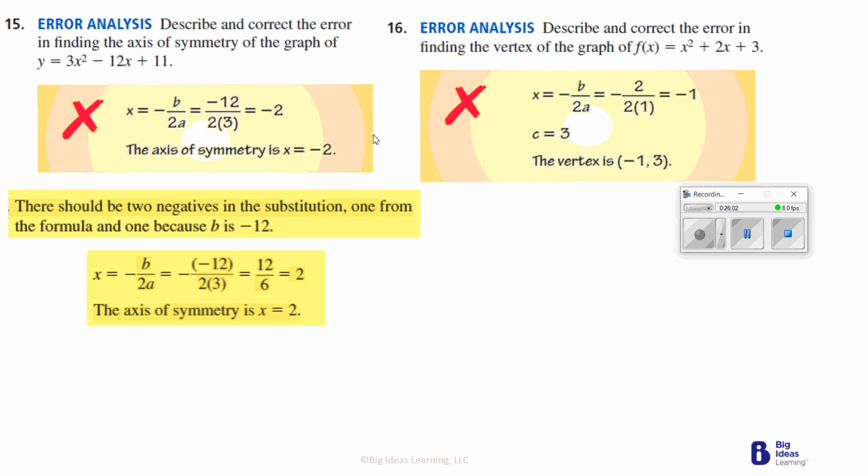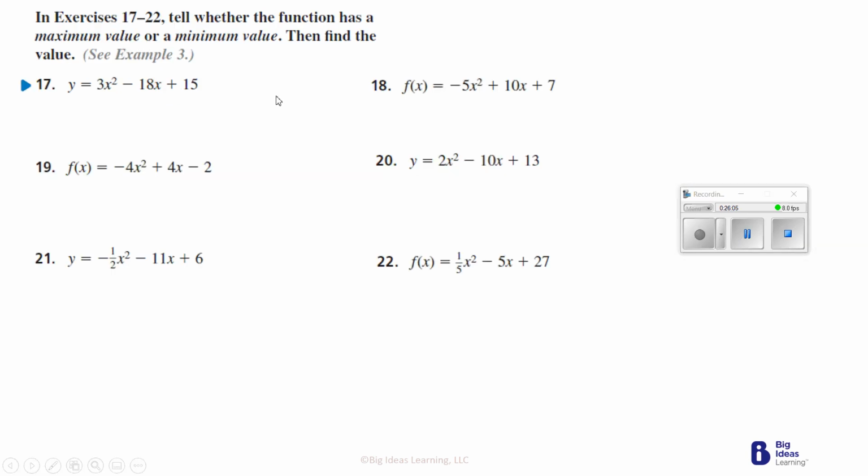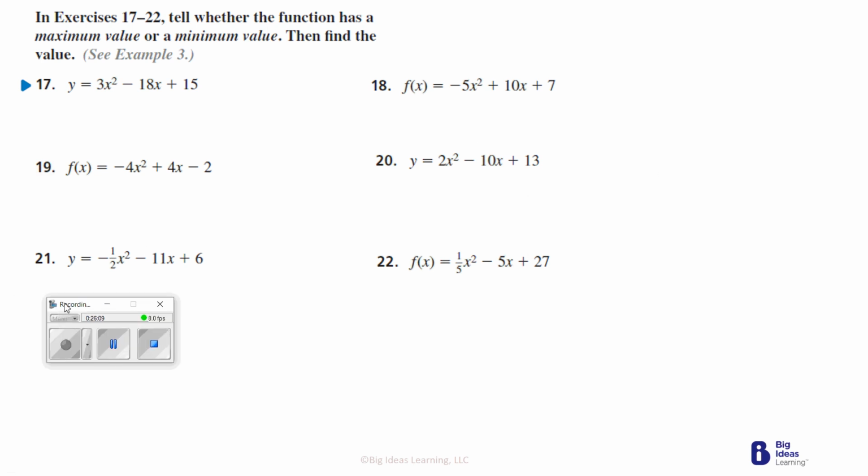Now it's time to work on number 17. Number 17, tell whether the function has a maximum value or a minimum value, then find the value. Well, this is a positive, right? So that means it's going to have a minimum value because the arc, the parabola, is going to be going like this.